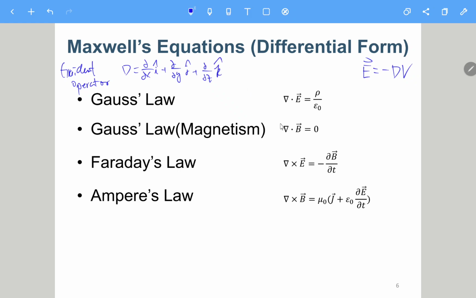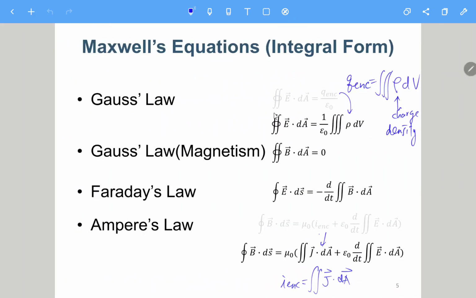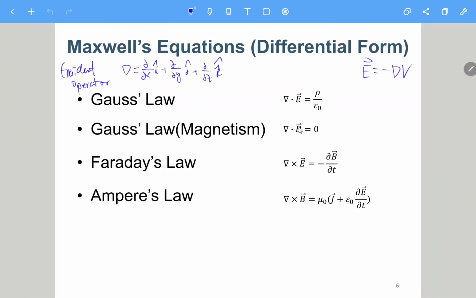Okay, so actually we can change these 1, 2, 3, 4 integral equations into these partial differential equations. Later I will let you know what this dot and this cross are. This is actually called divergence.